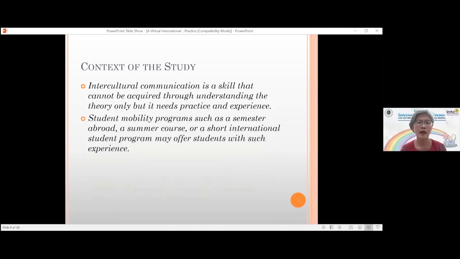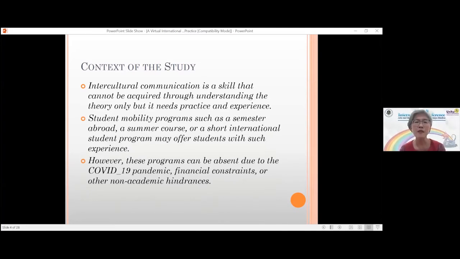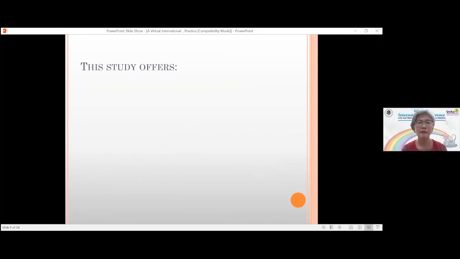However, these student mobility programs may be absent due to the COVID-19 pandemic, which prevents people from traveling, and also maybe financial constraints or other non-academic hindrances.